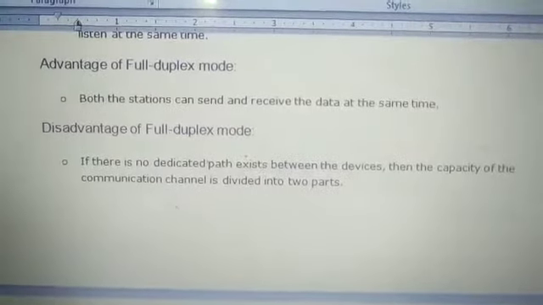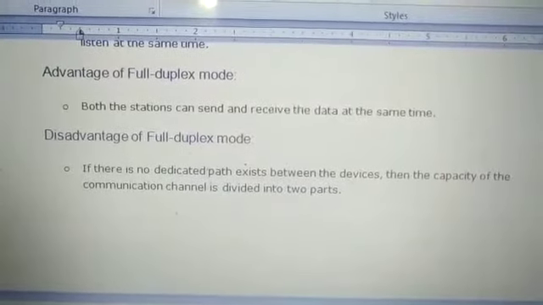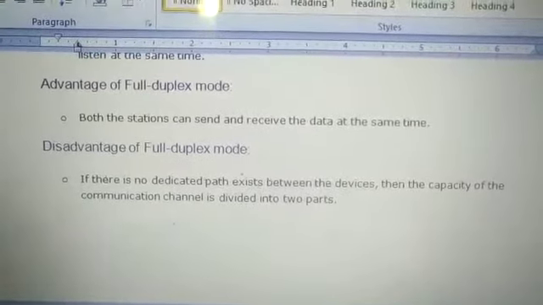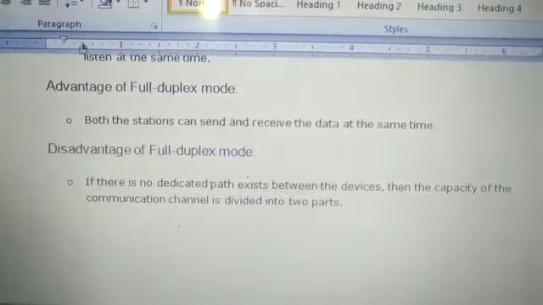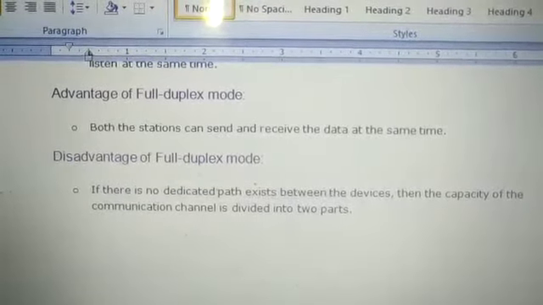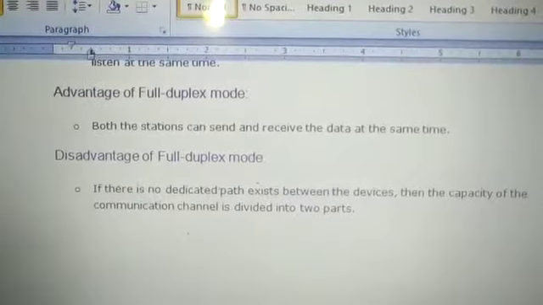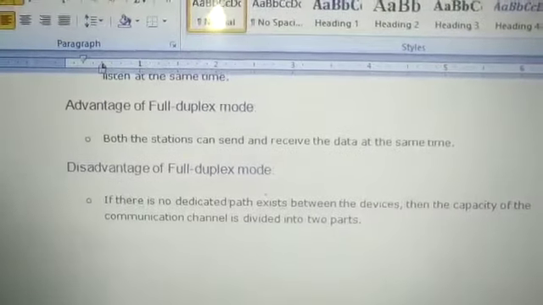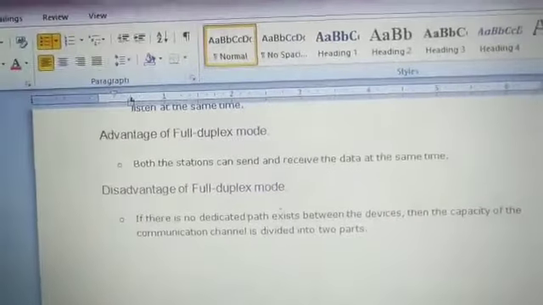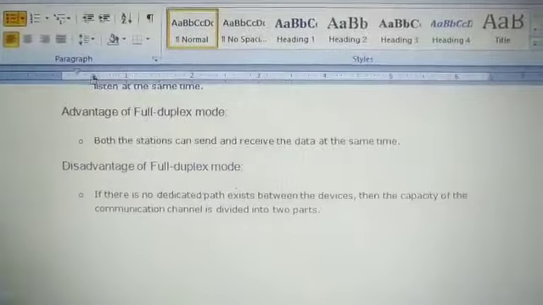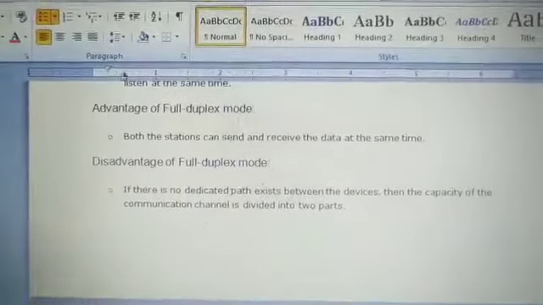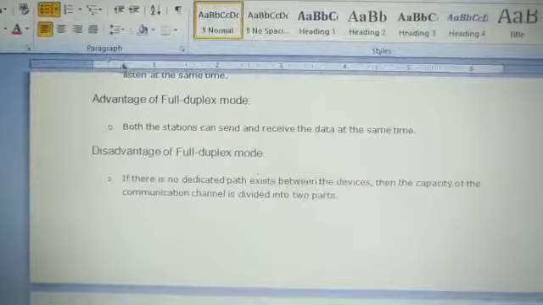For full duplex we require two simplex channels. If they are not present and only one dedicated path exists, it divides its capacity into two parts so they can communicate both ways, and uses the divided capacity for further transmission.